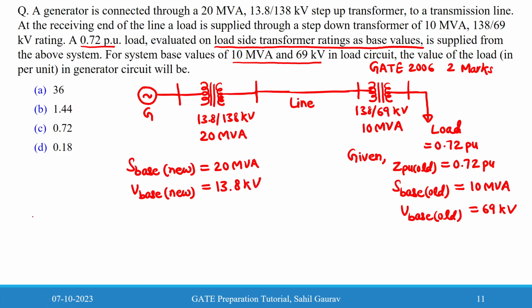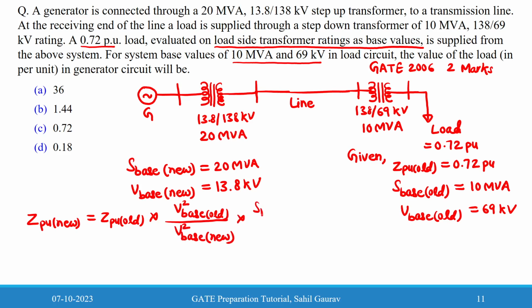Now we will apply this expression: Z per unit new is equal to Z per unit old multiplied with V base old divided by V base new, into S base new divided by S base old.